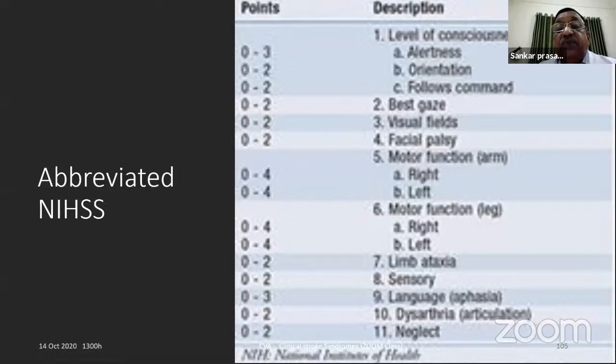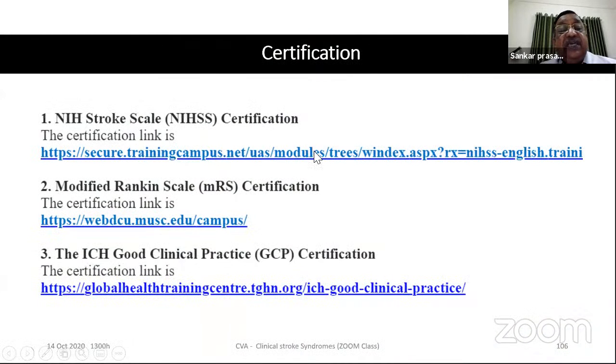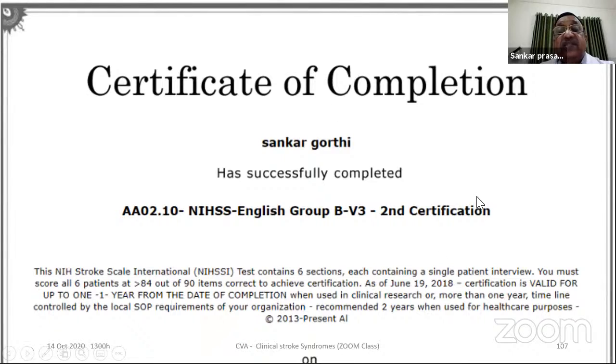I want you people to assess the severity of the stroke by learning about the NIH stroke scale, which can be accessed and training can be done, and you can get a certificate. And this is the certification link which you can take a snapshot of, and all of you get trained in the NIH stroke scale, and you get a certification like this, which I have done two or three times.